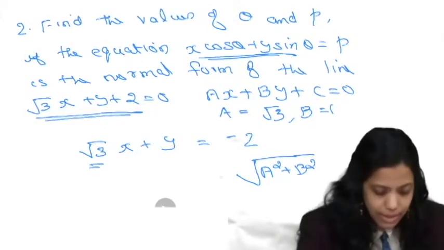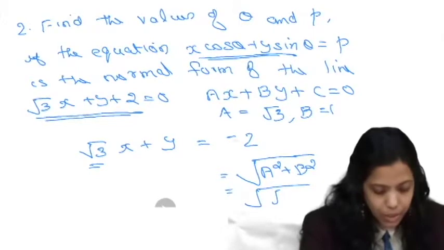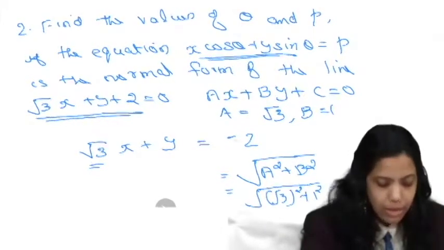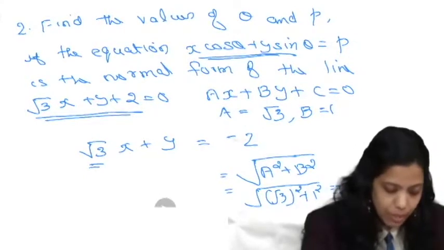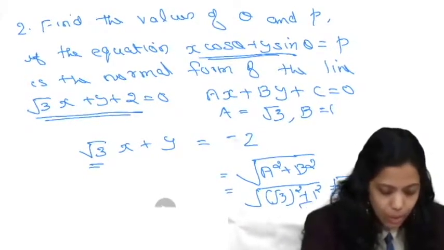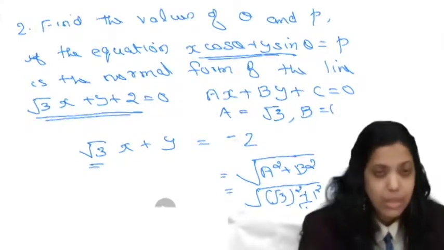So let's substitute that value over here, the square root of root 3 square plus 1 square. What is root 3 square? That is 3 itself. We are getting 3 plus 1 under the square root. So the square root of 4, that means we are getting the answer as 2.